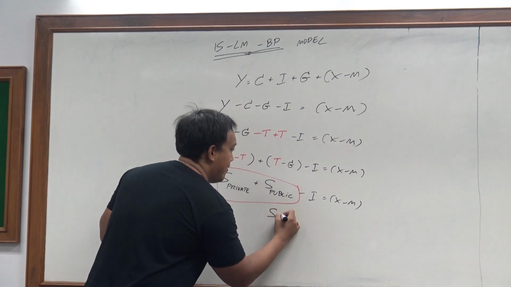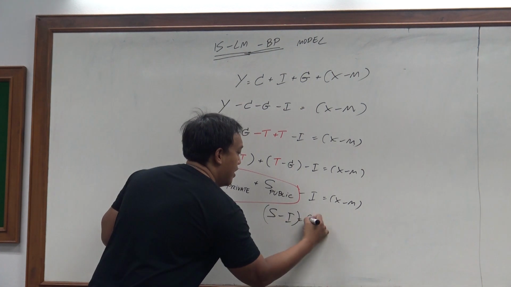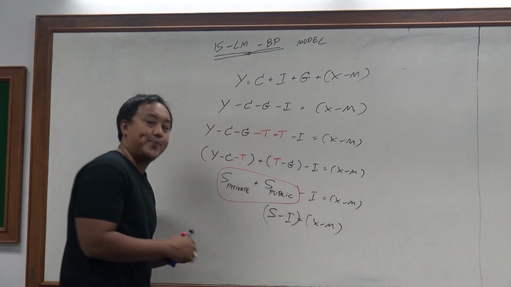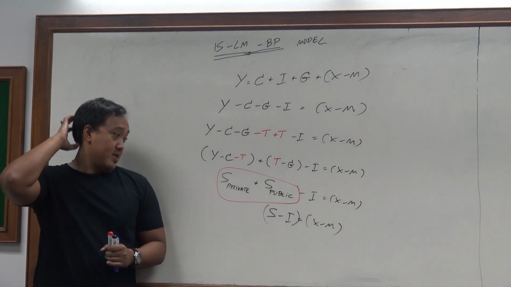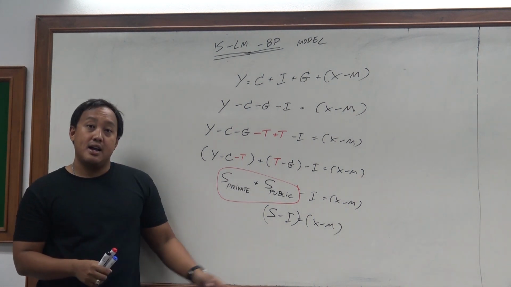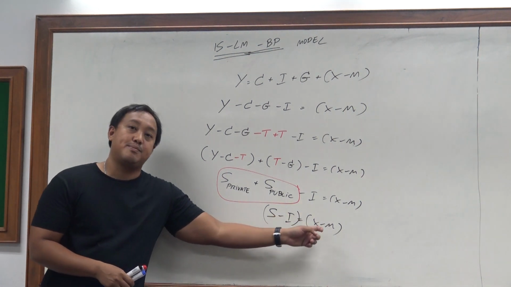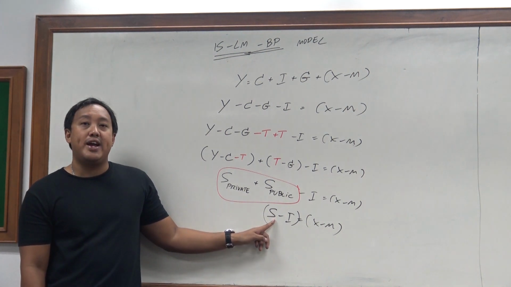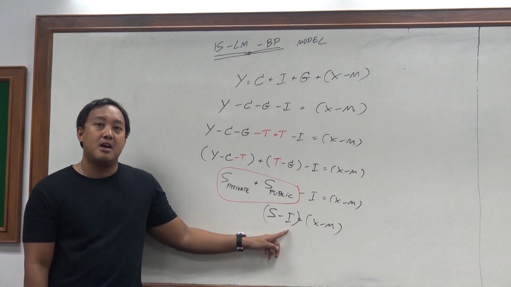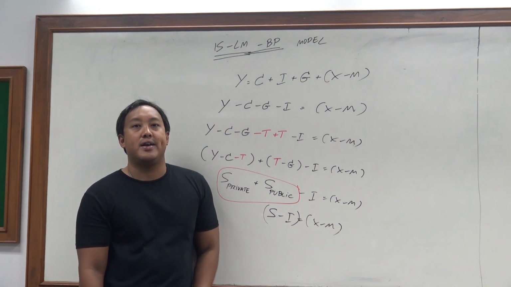I'm using just S: saving for the whole country, minus investment equal to X minus M. So S minus I equal to X minus M. What does it mean here? Saving for the whole country minus investment always equals export minus import.